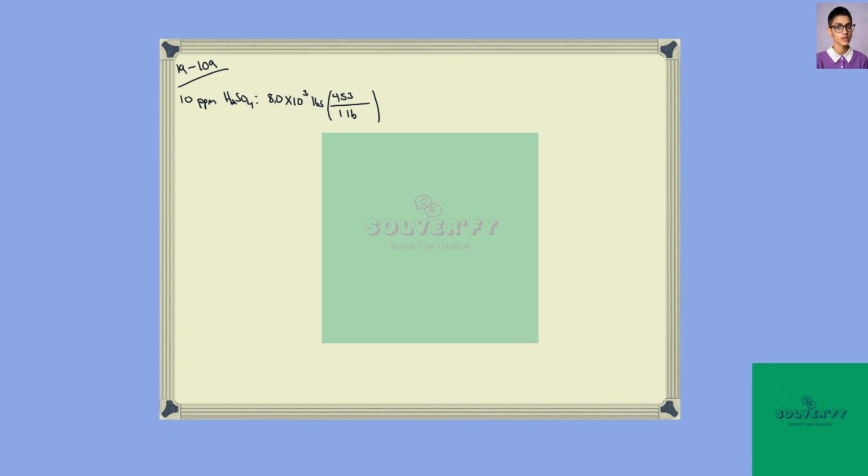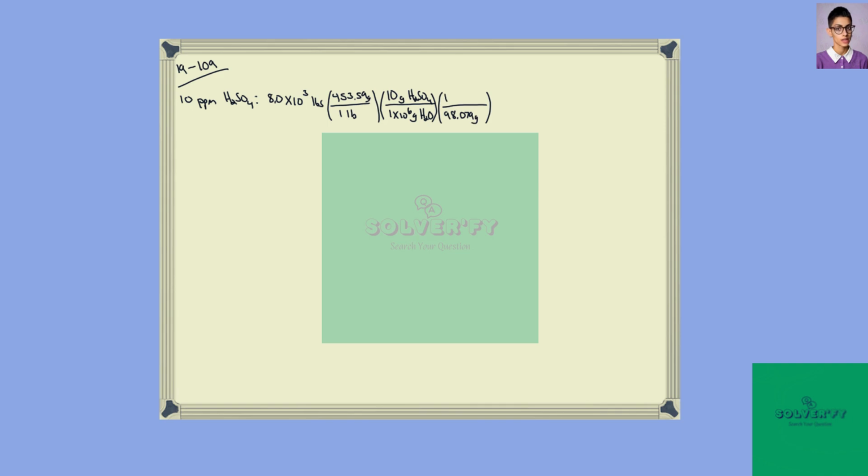So if we have 8.0 times 10 to the 3 pounds of water, we can convert that into grams of water and then go from grams of water to grams of sulfuric acid using the part per million definition. If we have 10 parts per million, we have 10 grams of sulfuric acid per million grams of water.